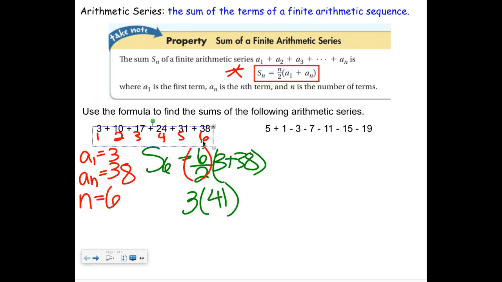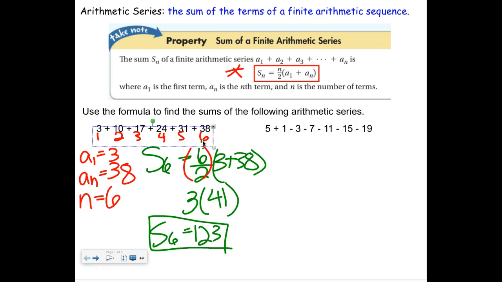And then when we plug that in, we find out the sum of all of those numbers is 123. Again, I know some of us are thinking, Bills, why don't we just plug all those numbers in and add them together? We can certainly do that, but reminder, we do have problems where it's not going to be just 6 numbers, it's going to be a lot more.